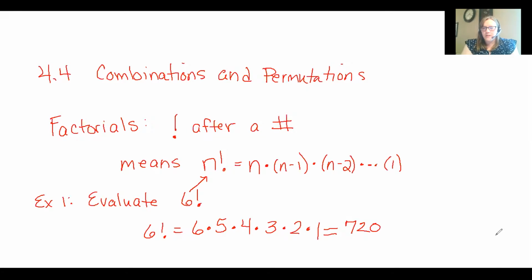All right, so now we want to look at another example here. So this is example 2. We want to evaluate 6 factorial divided by 4 factorial. Okay. So you can do this 2 ways. You can put this whole thing in your calculator, or you can simplify it first.